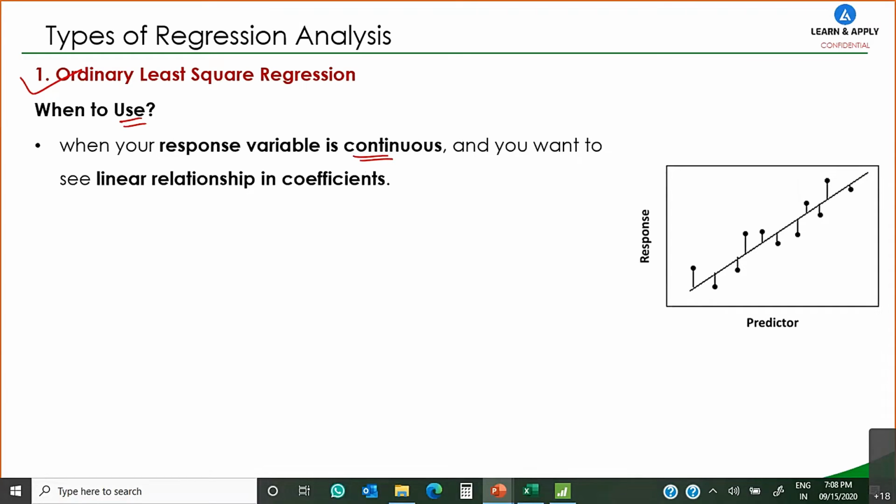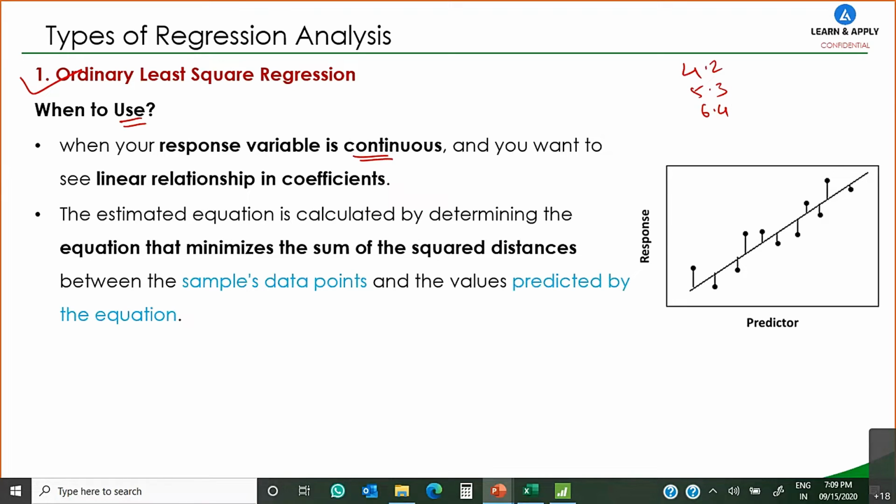When you measure your response in numbers with fractions, let's say 4.2, 5.3, 6.4, then your response variable is continuous. Only if your response variable is continuous can you use ordinary least square regression, and you want to see the linear relationship in coefficients.